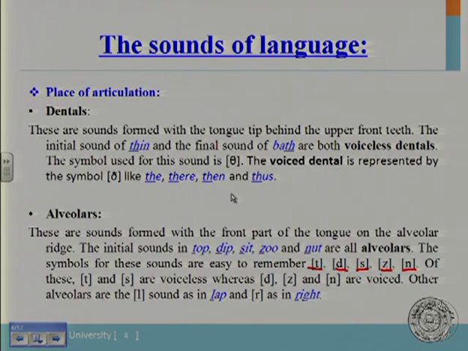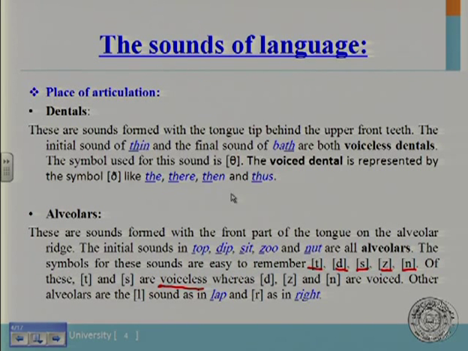Now, of these sounds, we have t and s. These two sounds are voiceless. They make no vibration. We do not feel any vibration while pronouncing these two sounds, t, s. Whereas d, z, n.